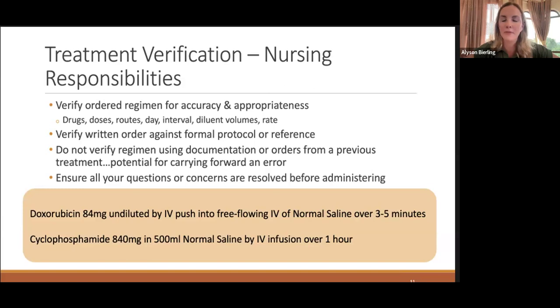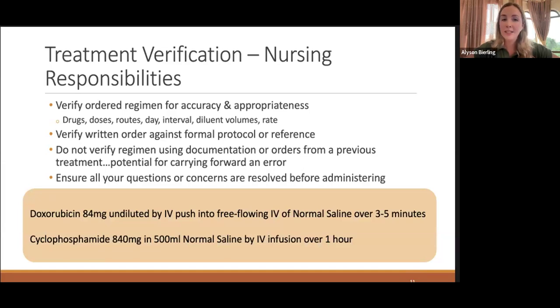I think our team will be providing a breast cancer protocol, which will outline the regimen that a patient should be receiving. So we want to verify that what the doctor has ordered matches up with what the protocol has outlined for a patient with a certain diagnosis.